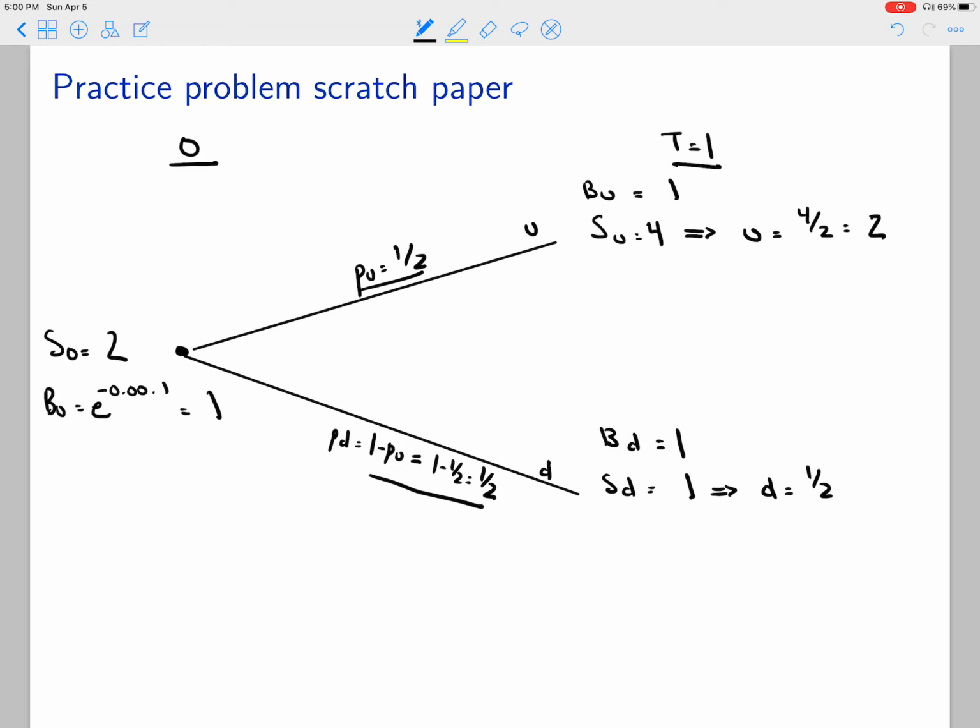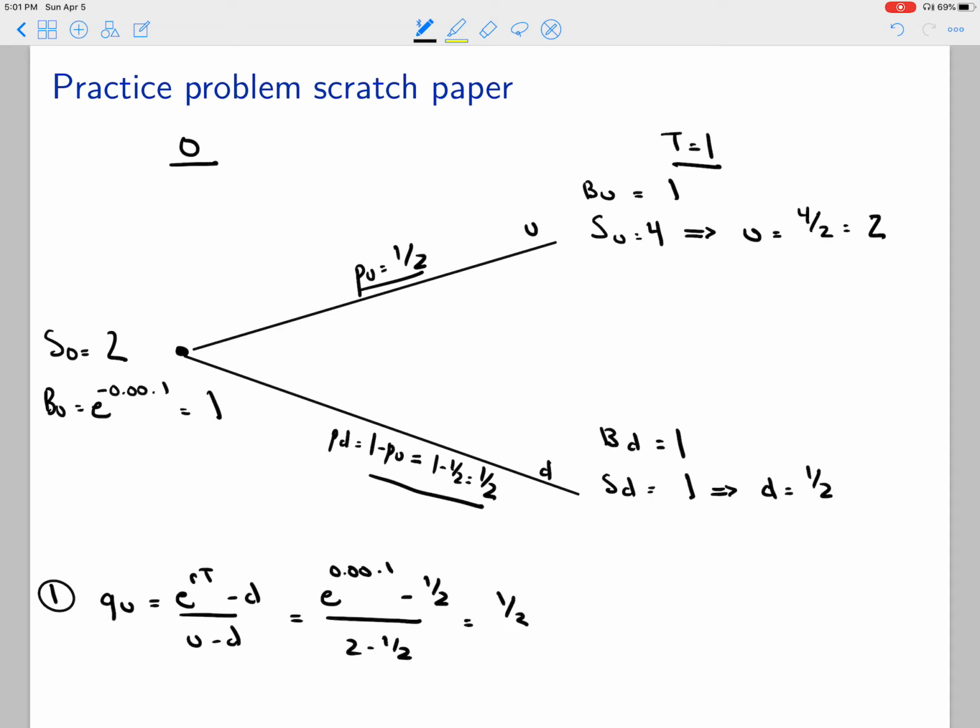This is the real world, or P probability, not the risk neutral probability. The risk neutral one is what we use to price with. In the first question, what we do is we want to calculate the risk neutral probabilities. The risk neutral probability of the up state, QU, is equal to e to the RT minus D over U minus D. Plugging in inputs, e to the 0.00 times 1 minus 1/2 over 2 minus 1/2.